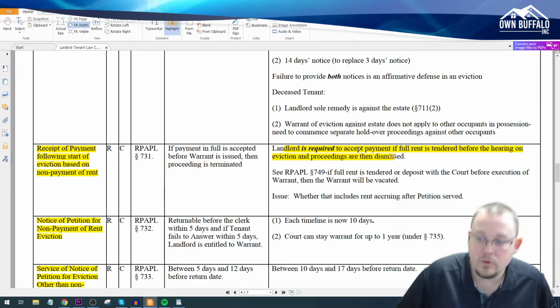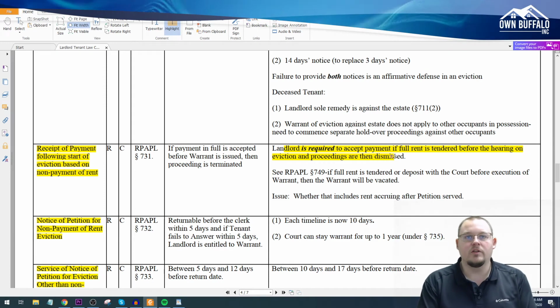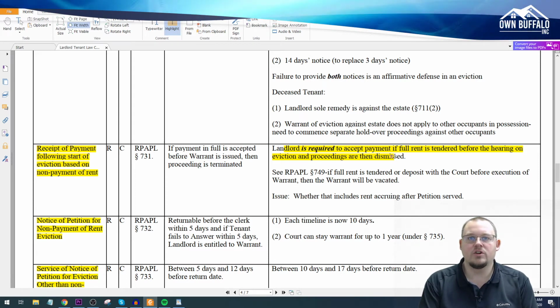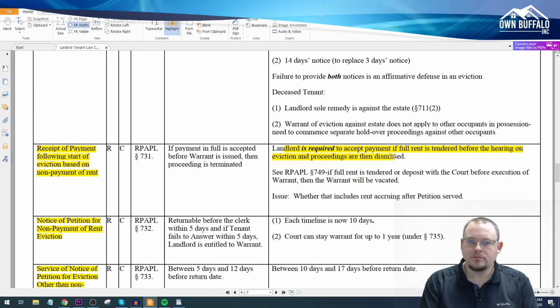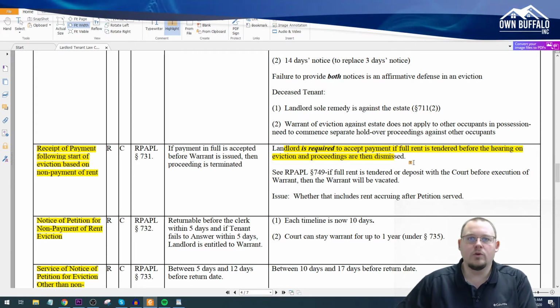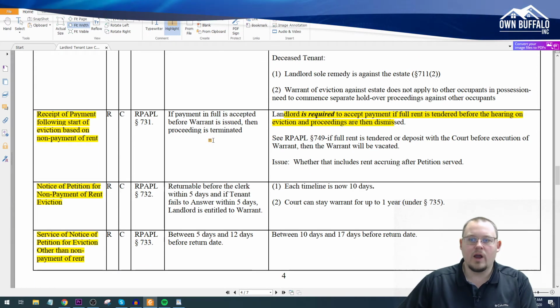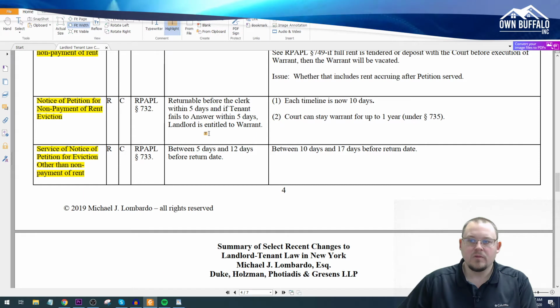Or actually, the way it was explained to me was not even up until the hearing. It's right up until they show up to do the removal from the property. If the tenant is able to pay that base rent in full, that does cancel the eviction proceeding, and you're basically back to square one. So that is something to know. You are required to accept rent payments in full. If it's for the total of the base rent, that's worth noting.